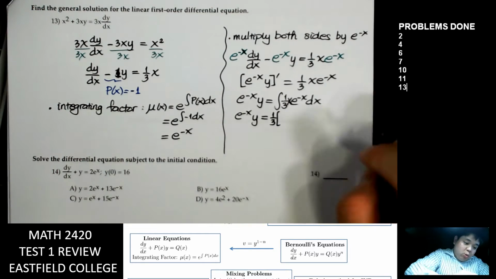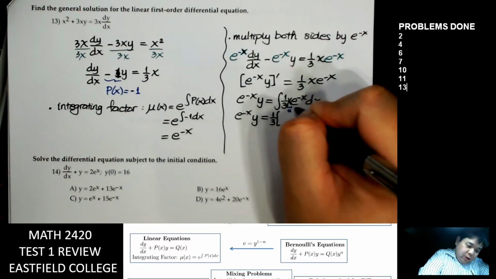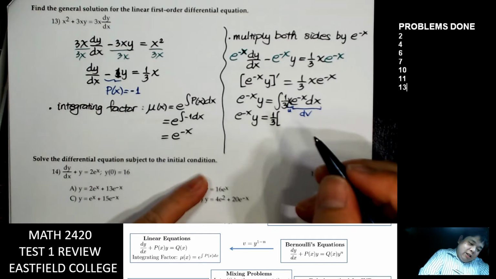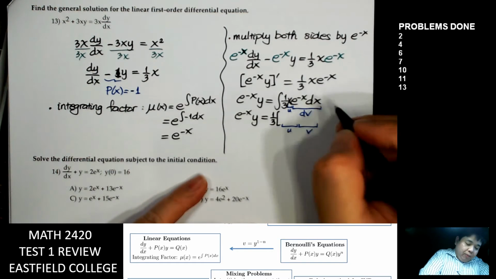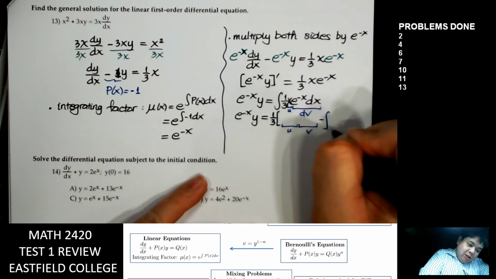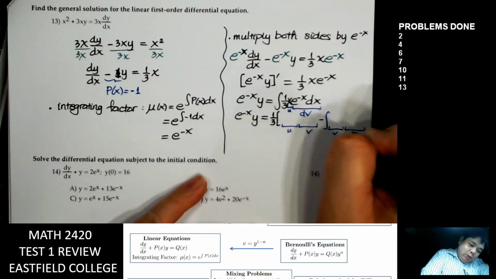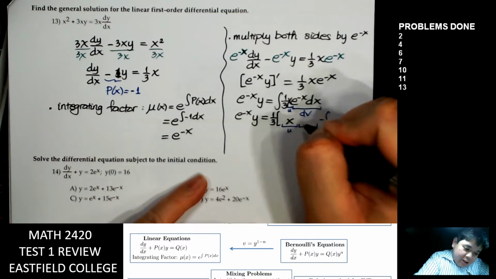Integrating by parts, we have to have u and dv. So here will be uv minus integral v du. Since u is x, we have x.